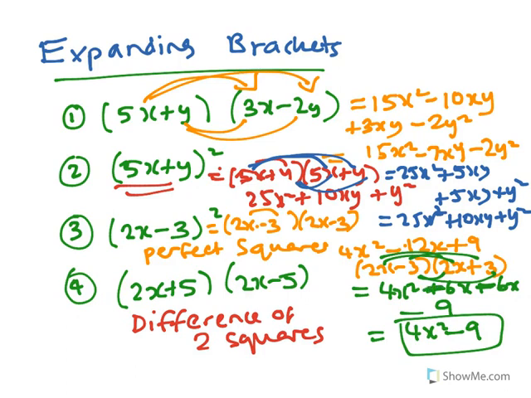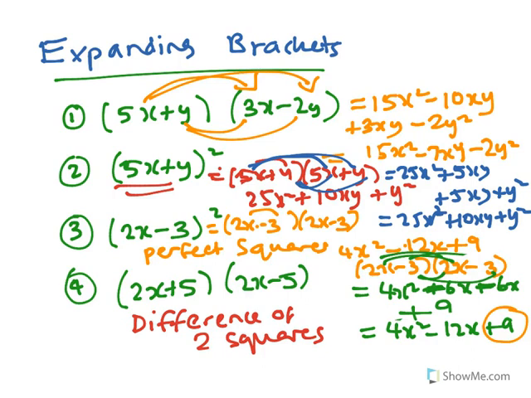It's not 4x squared minus 9 at all. That's minus 6x minus 6x. So it's 4x squared minus 12x, and that's plus 9. Silly me has written that with a minus, and a minus times a minus is a plus. I'm just trying to show you how you can make mistakes.